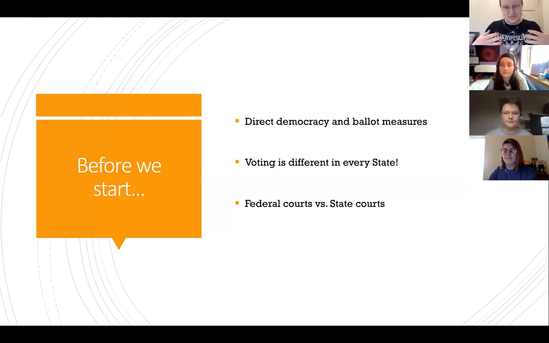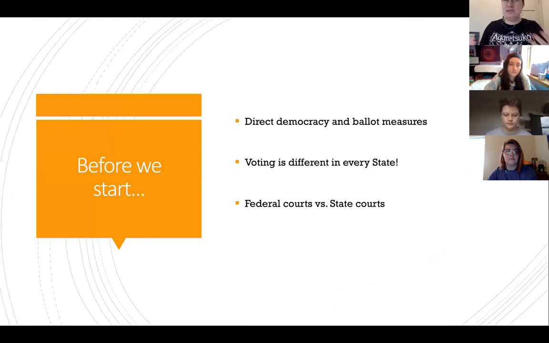So most of our discussion will revolve around direct democracy. Direct democracy and ballot measures are the most boiled down, simple version of democracy, where people vote directly on a policy instead of leaving that to representatives. Ballot measures are the way that's typically done in the United States.